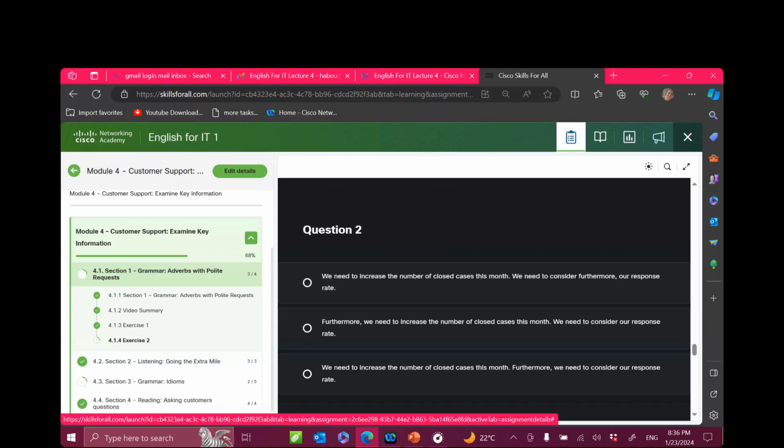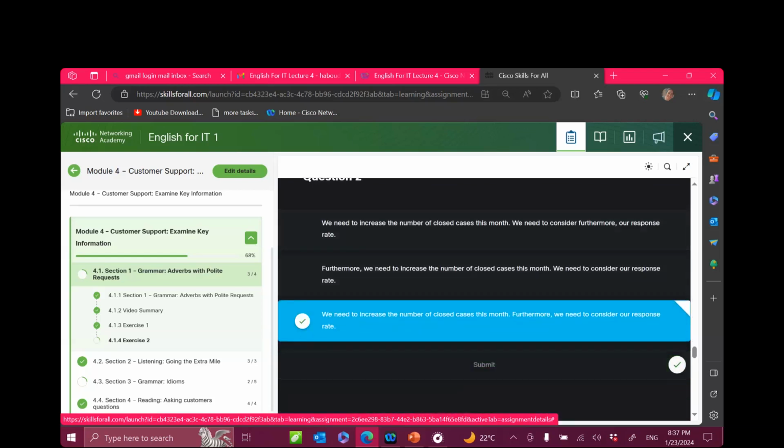Or we need to increase the number of closed cases this month. Furthermore, we need to consider our response rate. What do you think is the correct answer? If I use furthermore, as I told you, of course, it needs a sentence in the beginning, and at the beginning of the second sentence I place furthermore. So, is this the correct answer? Yes, exactly, that's right.